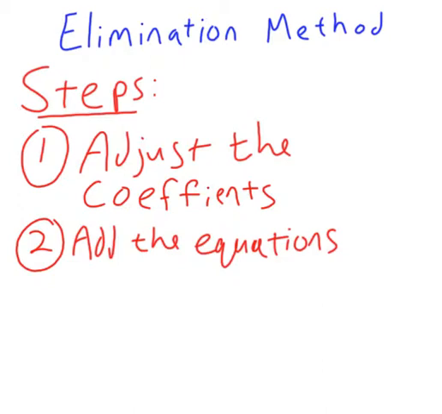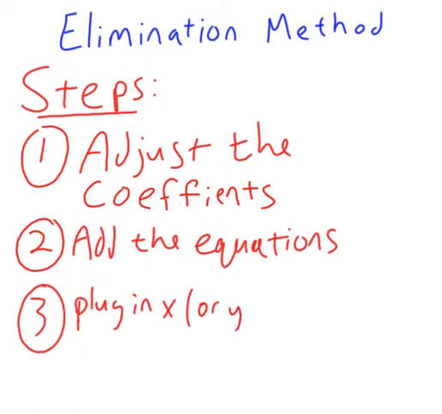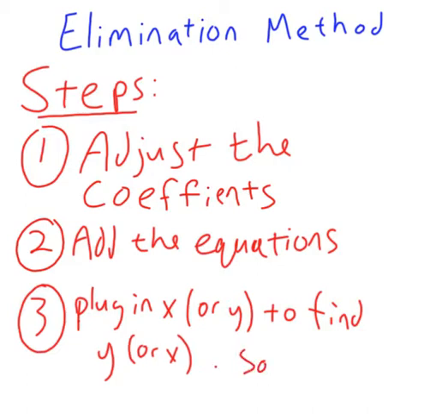So when you add, you're able to solve for one, but remember, we're not done. We need to plug that back in. So in the end, we plug in x, or y, depending on which one we solve for. If we plug in x, we do that to find y, or to find x if we solve it the other way around. And remember, our solution is a point. x comma y is our solution.